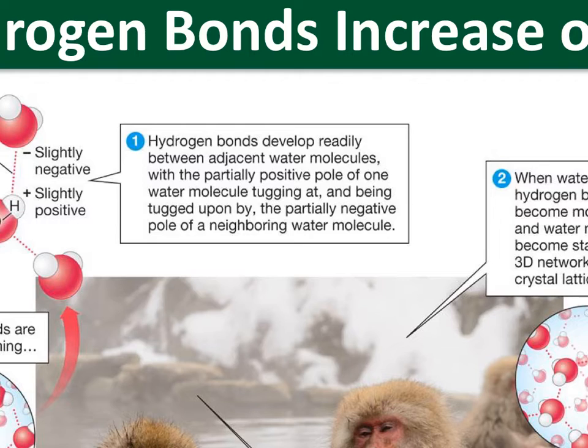So hydrogen bonds develop readily between the adjacent molecules of water, with the partially positive pole of one molecule tugging at, and being tugged at by, the partially negative pole of a neighboring water molecule.